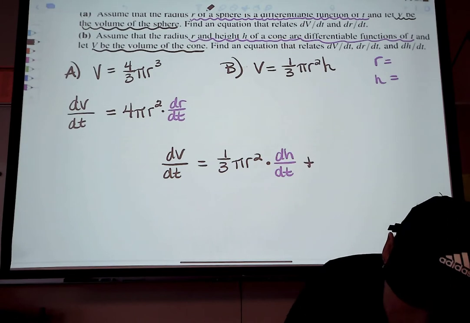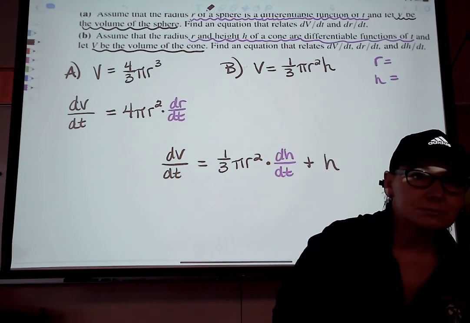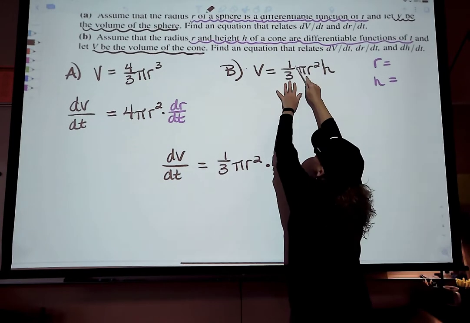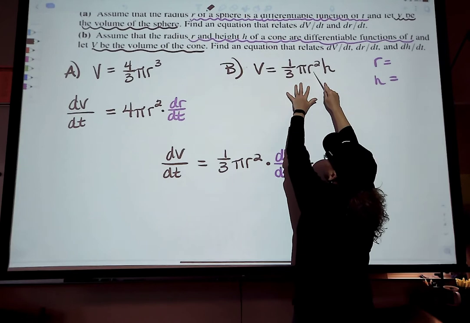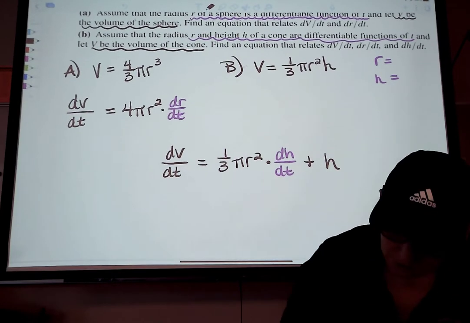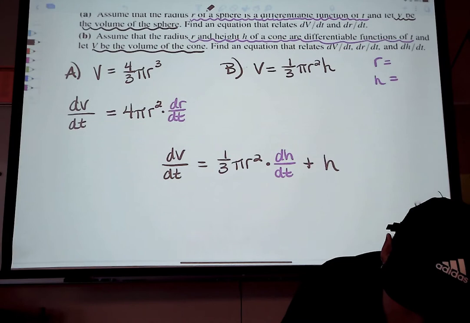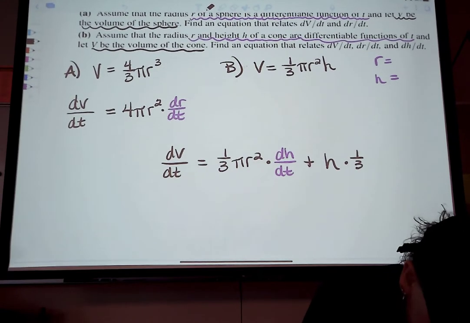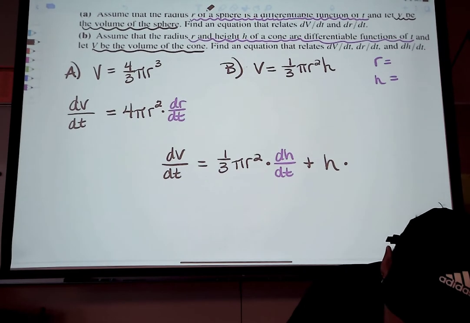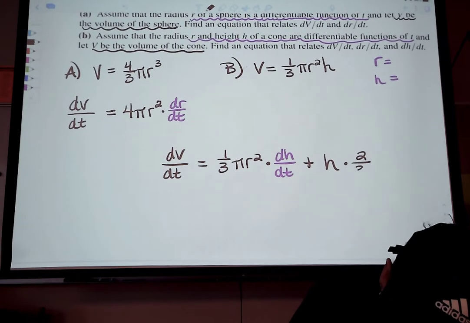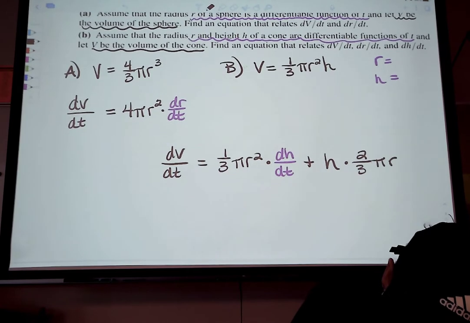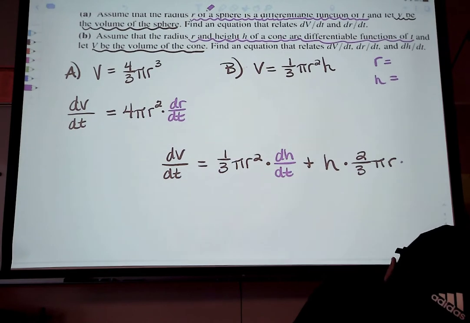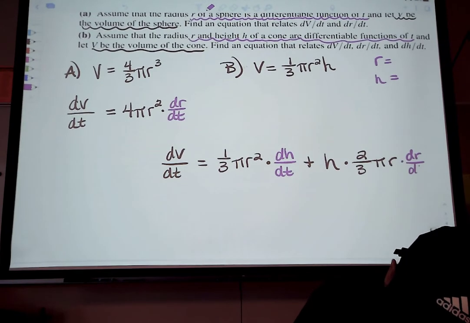So 1d2 plus 2d1. So 1/3 pi r squared, I'm going to power rule it like normal. Don't forget to chain rule it at the end. 2d1. Power rule it: 2/3 pi r to the first times dr dt.